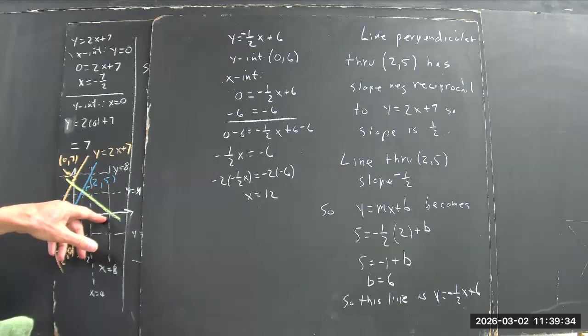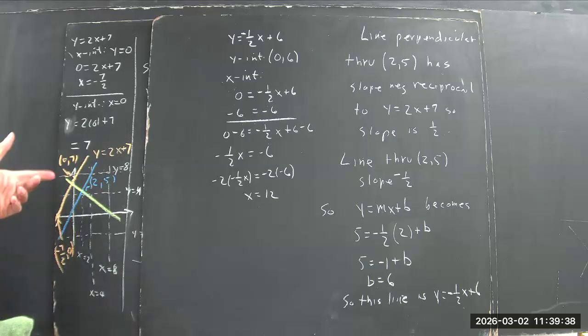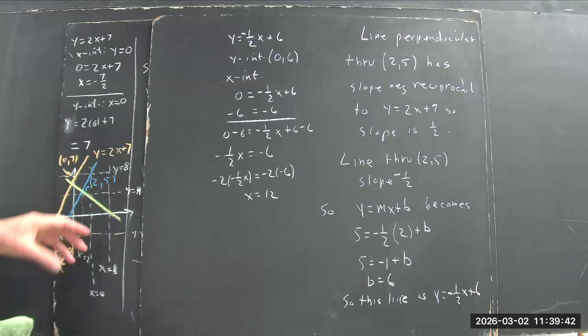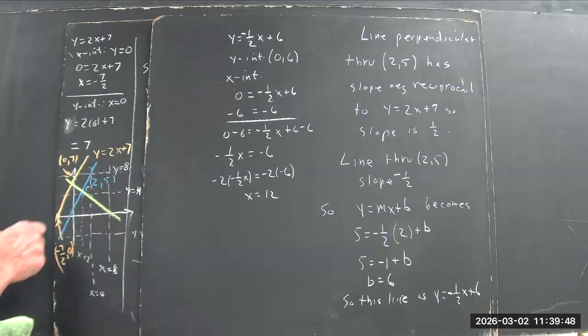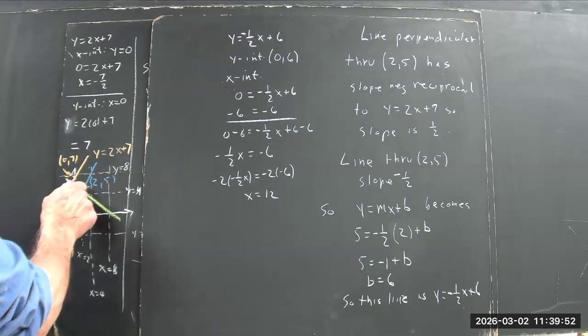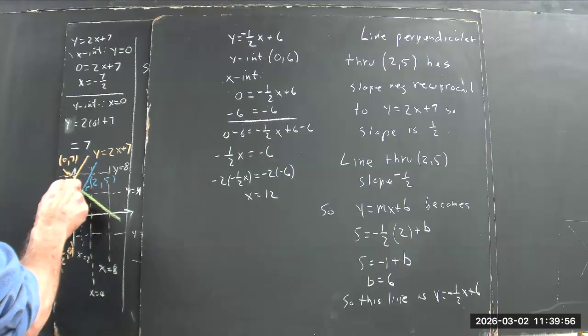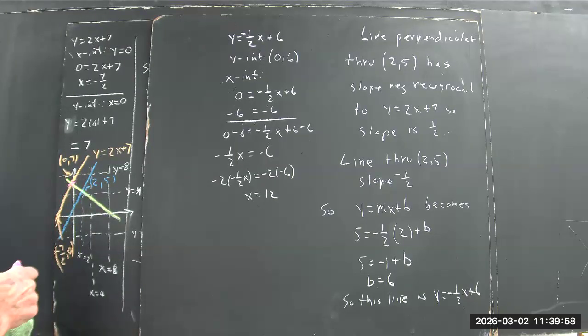Now, the negative 1/2 x plus 6 graph isn't overly accurate because, again, the y-intercept is pretty close, but the x-intercept comes up a significant amount short. Still, we have this picture, and we see that these two lines intersect, apparently, just a little bit to the left of the x-axis.